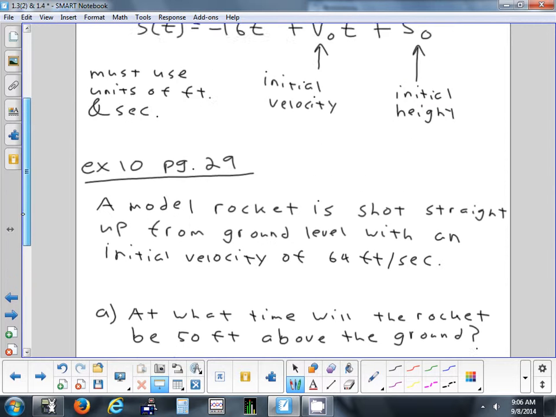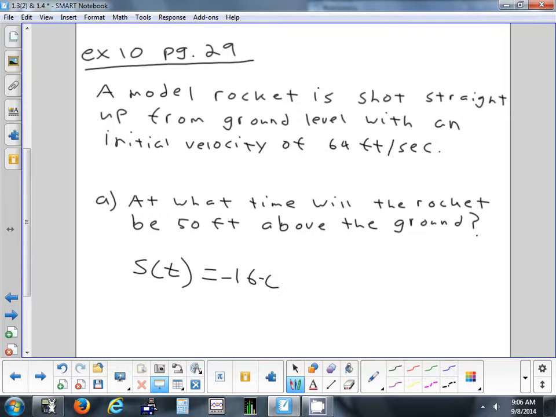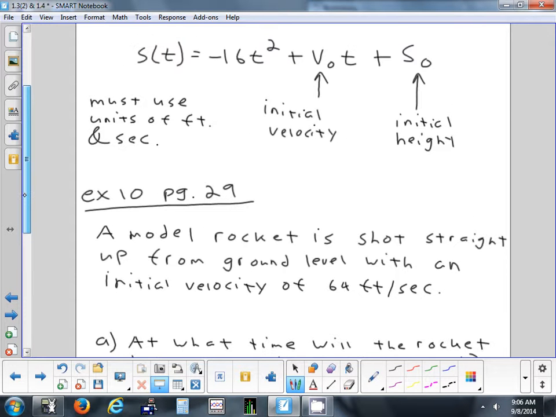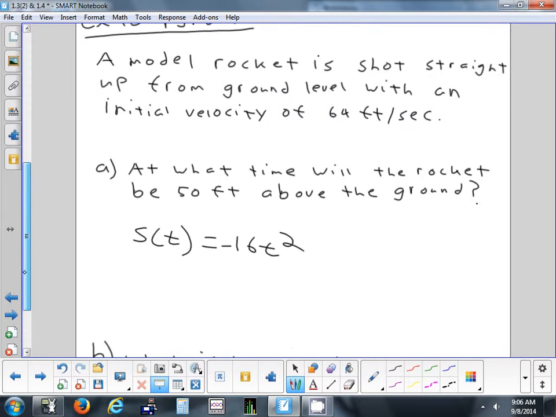Our height as a function of time is negative 16t squared plus initial velocity times time. Initial velocity is 64 feet per second, and the initial height is 0, so we don't need that. Where does the 50 get plugged in? I should fill that in at the same time as well.